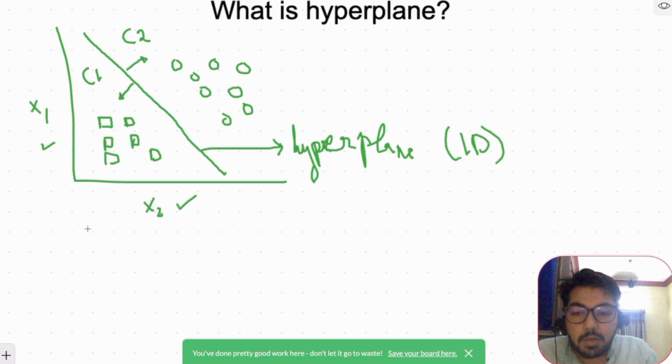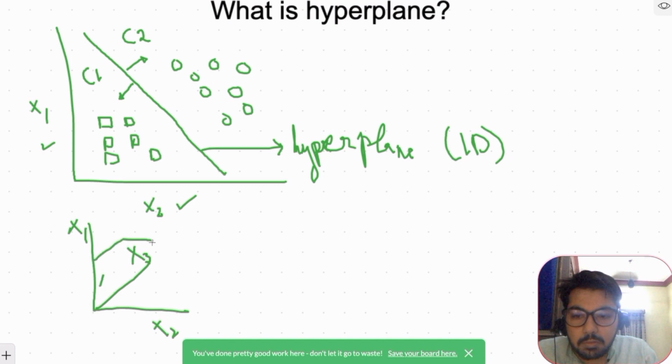When we have multiple features, for example x1, x2 and x3, then the hyperplane would come out to be a plane, which is dividing the two classes available here.